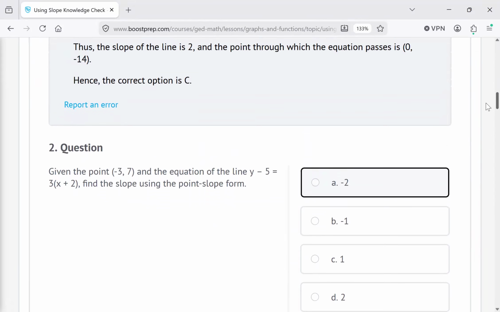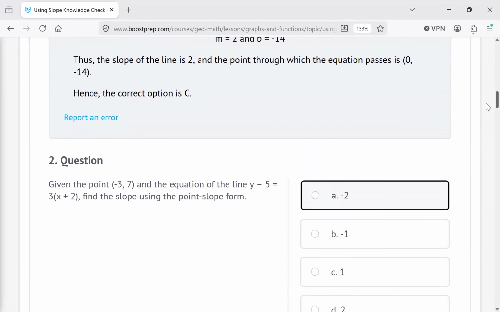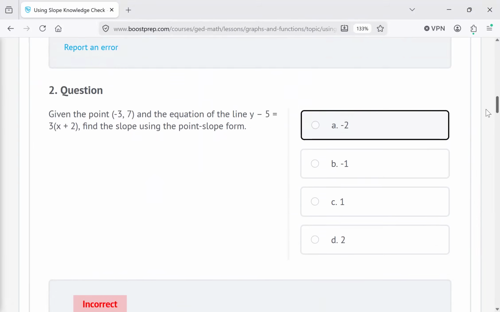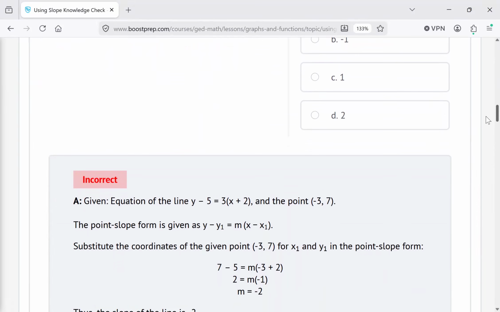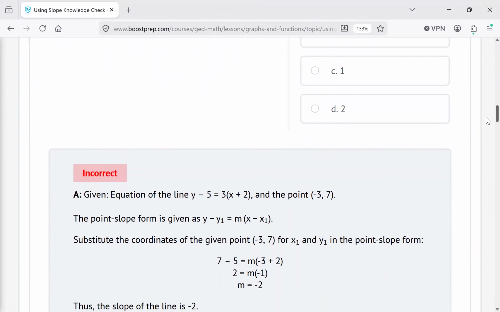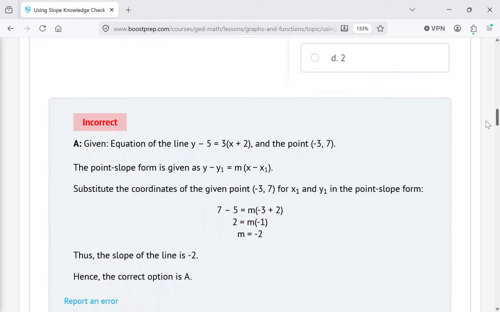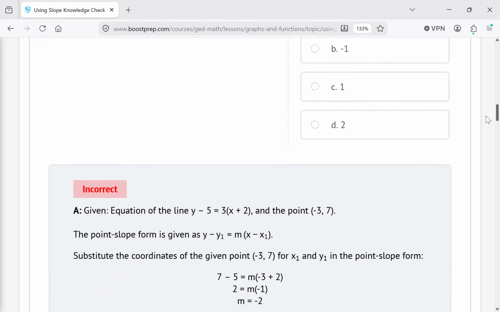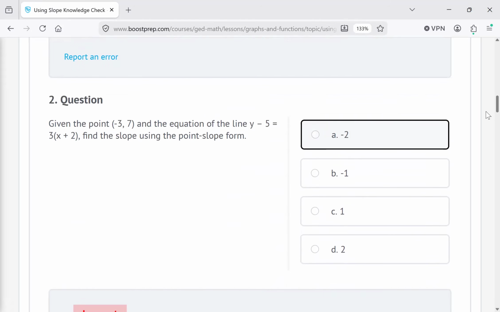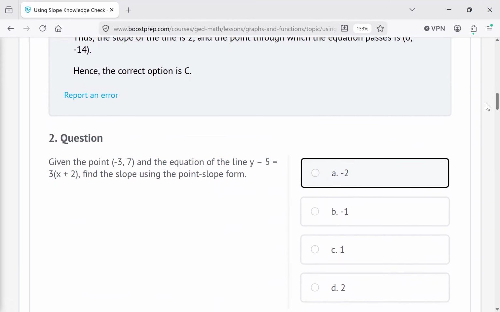The question two says, given the point negative 3, 7 in the equation y minus 5 equals 3, find the slope using the point-slope rule. Okay, so they did, oh, it's so much easier than that. I think I kind of did it right, but I got confused.